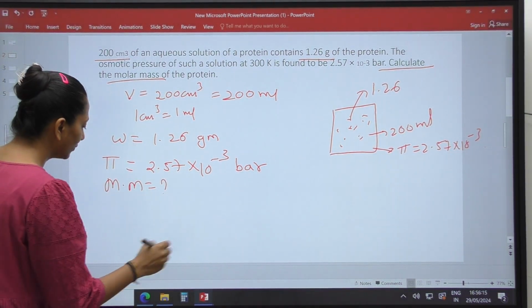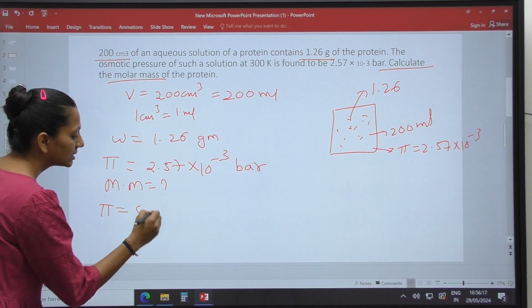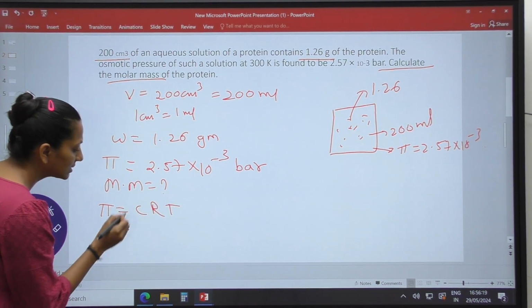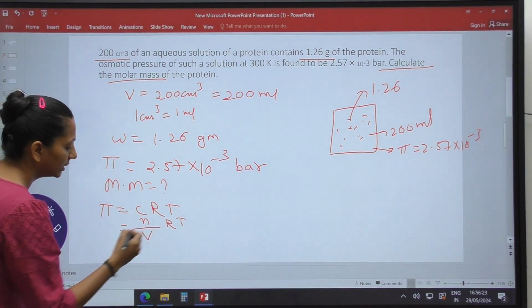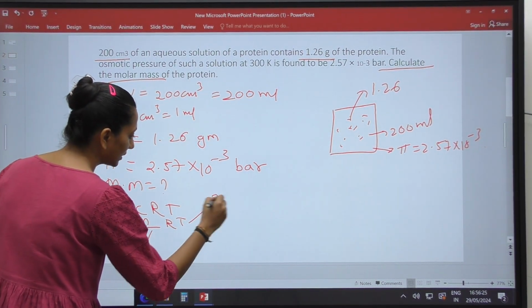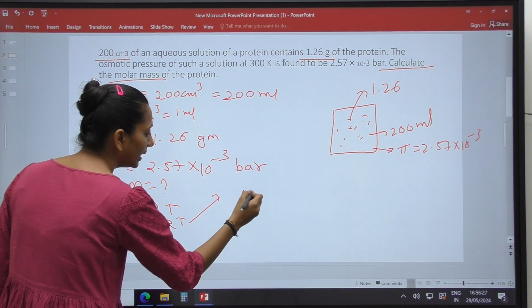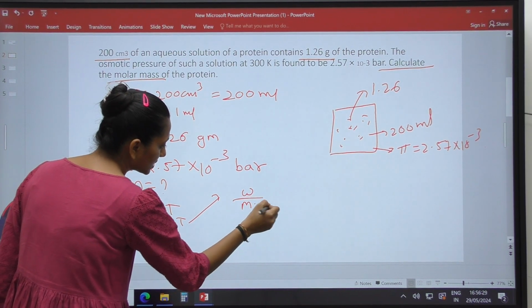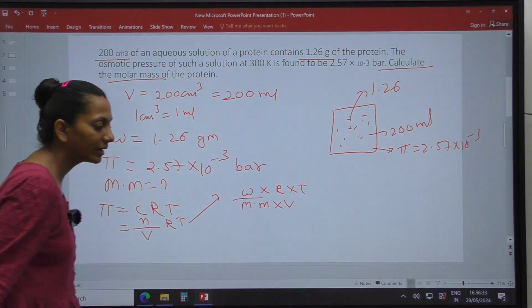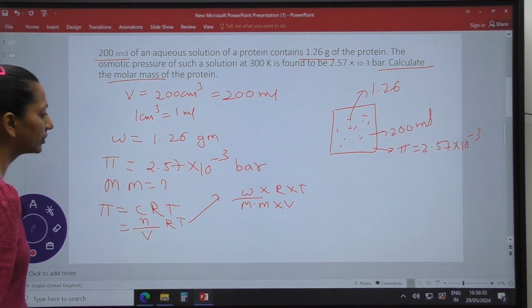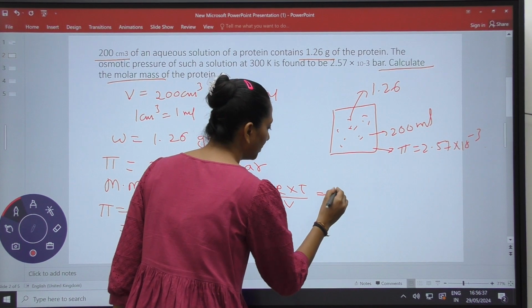So let us use the formula. Pi is equal to CRT. What is C? C is the number of moles upon volume, into R into T. What is n? Using the same formula, n is the weight upon molar mass, multiplied by volume into R into T. This is the formula we are going to use, equal to pi.